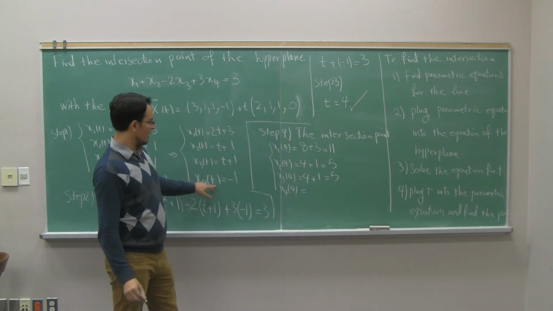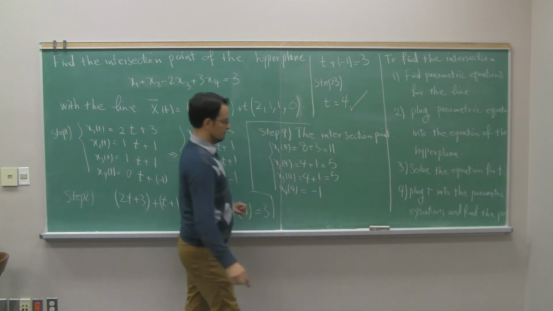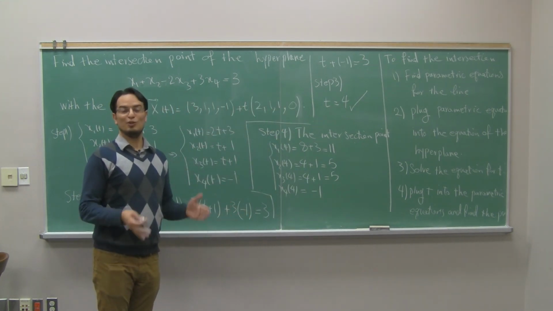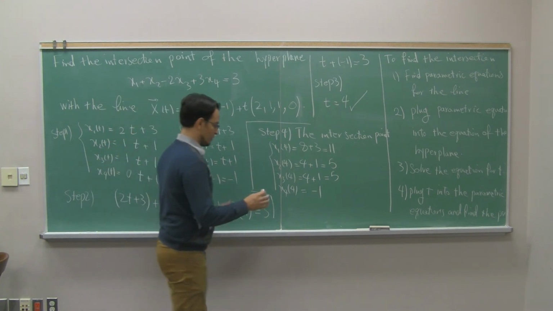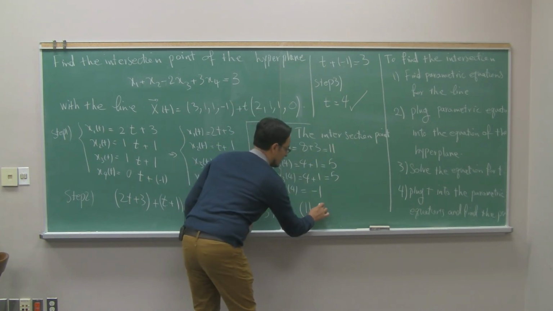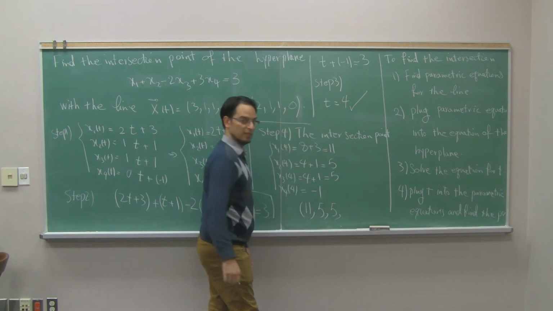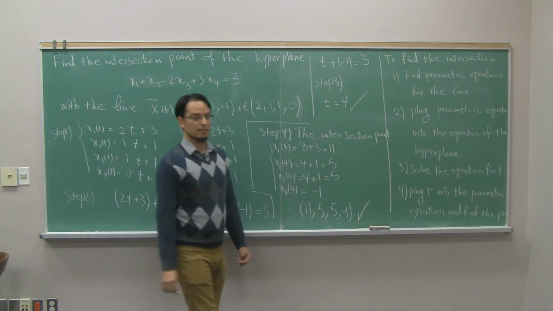And x4 at 4 is negative 1. I found the point. The only thing I need to do, write them as four tuples. So the point is the first component is 11, the second component is 5, third component is 5, and the last component is negative 1.